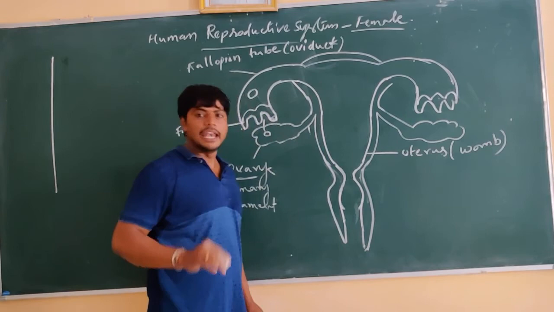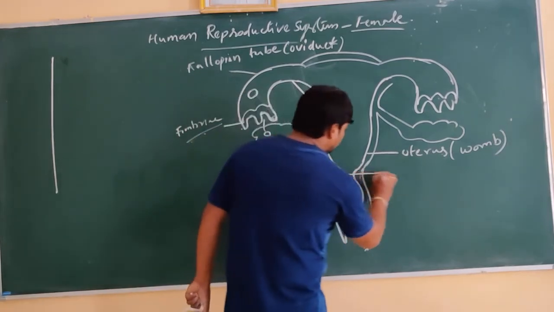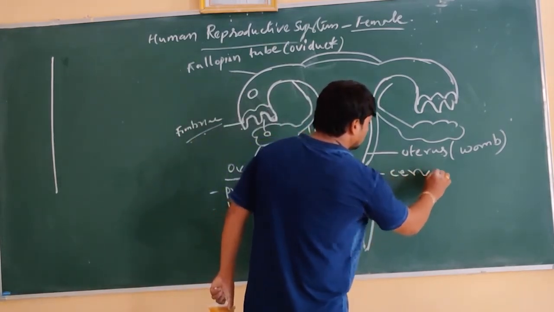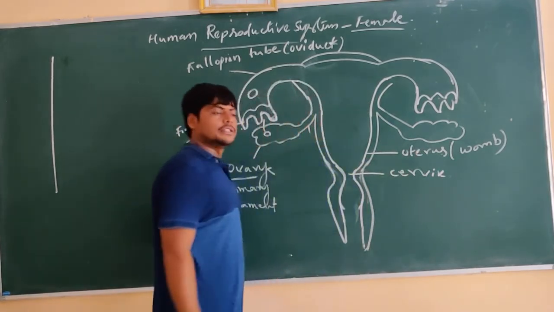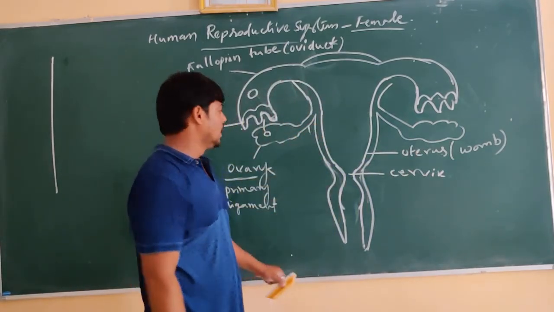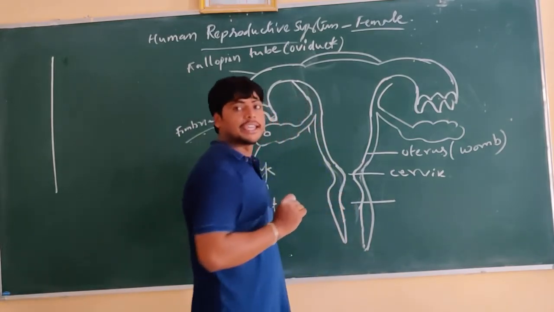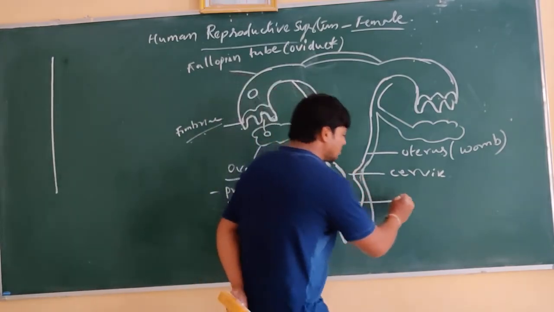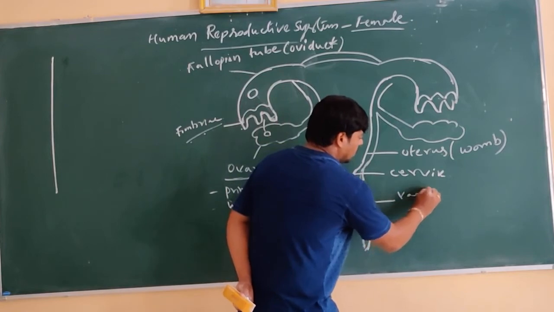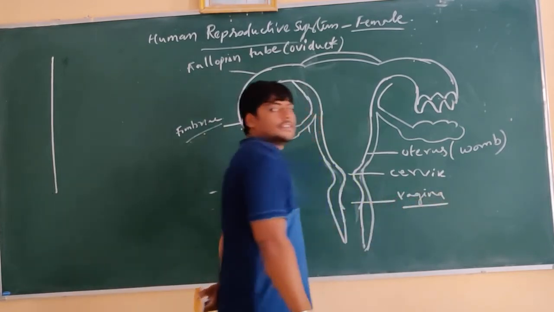So this is the female reproductive system, and this is called the cervix, which is the opening of the uterus, and this is the open canal structure. The canal-like structure is called the vagina.